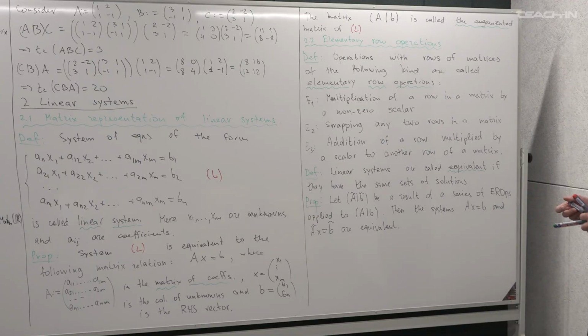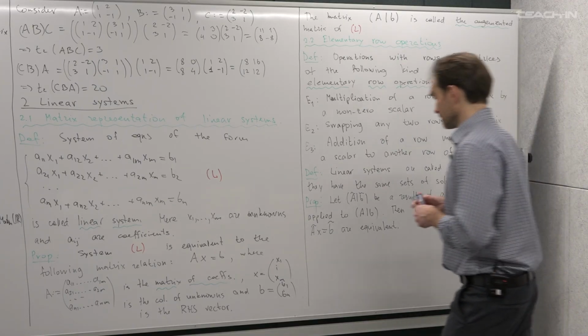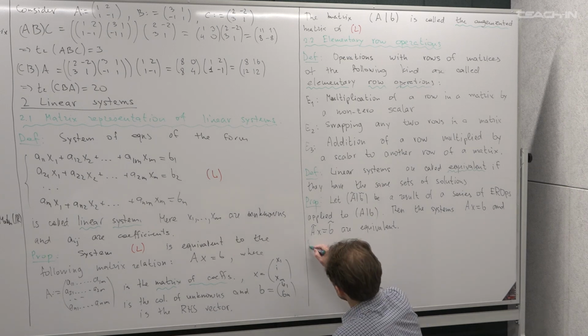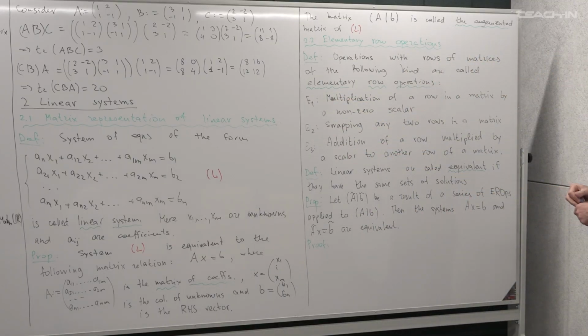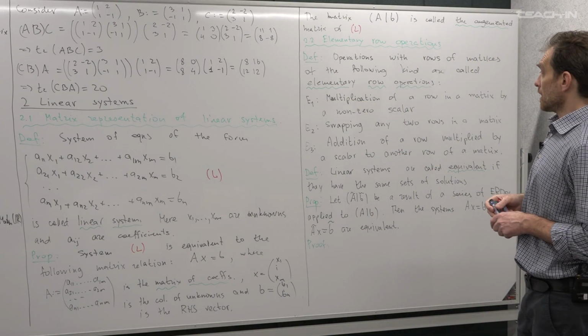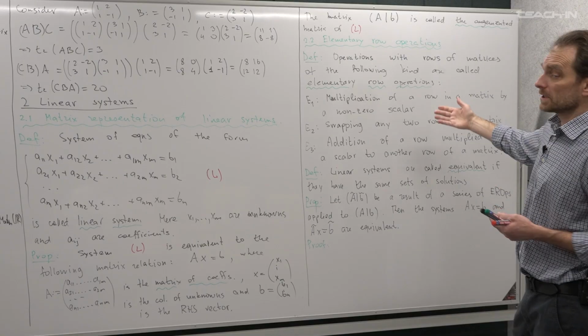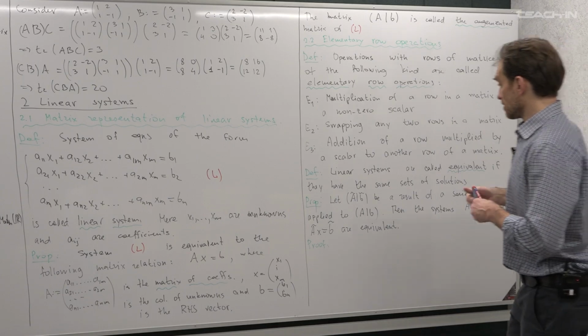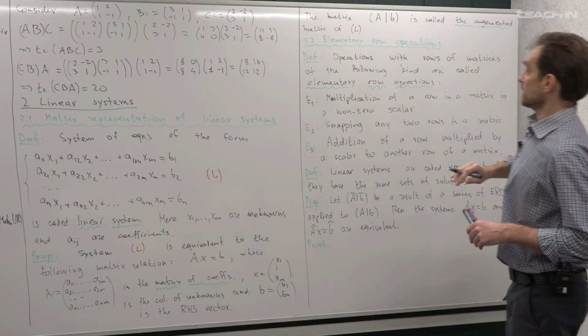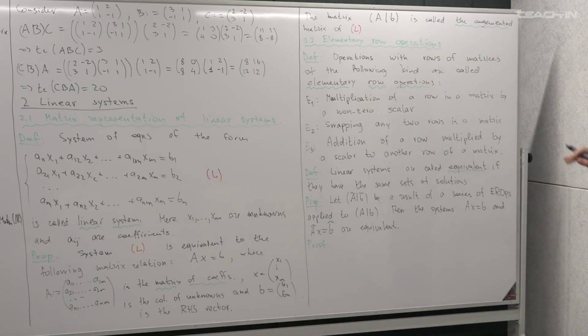So this proposition is almost obvious. Let me just write a few words as a proof. So we will consider these elementary row operations just one by one, and we need to understand that they do not change the solution set. So what about the first type of elementary row operations?